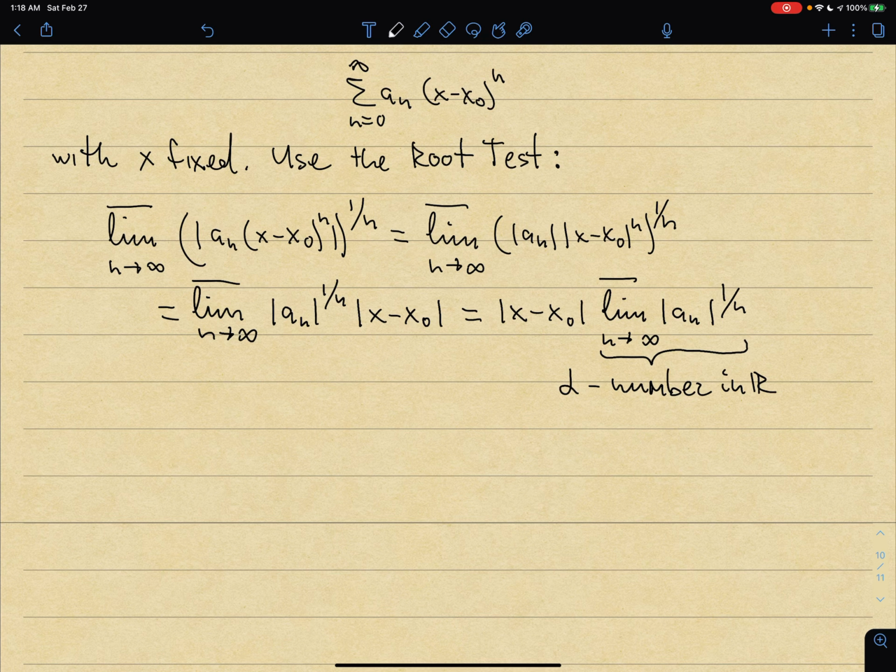So then what we got is alpha times |x - x0|. And what is the root test? The root test requires this number to be less than 1 for the series to converge absolutely. So if this number is less than 1, then the series converges absolutely, and otherwise it diverges.